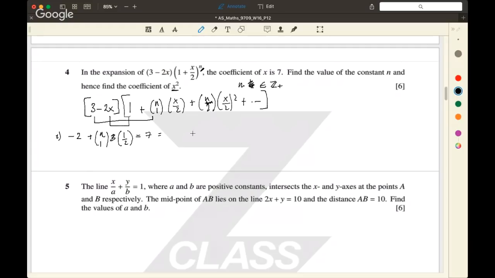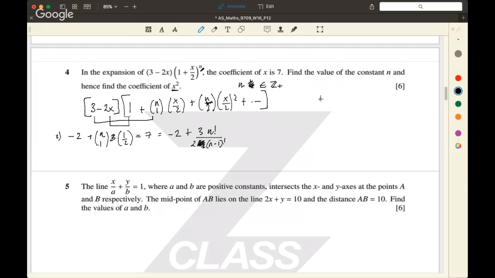And if we expand out n choose 1 using the formula in the formula booklet, we get that minus 2 plus 3 n factorial over 2 times 1 factorial, which is just 1, times n minus 1 factorial.